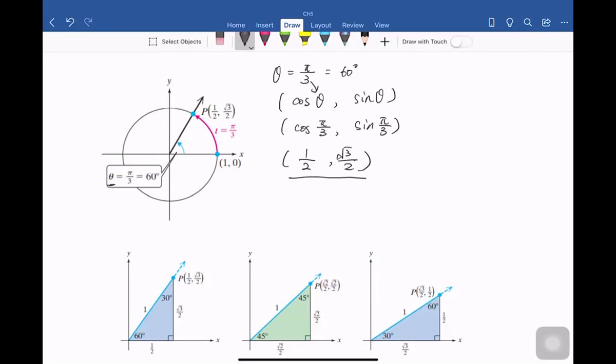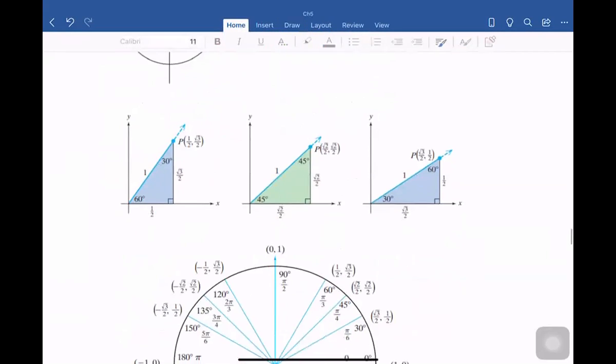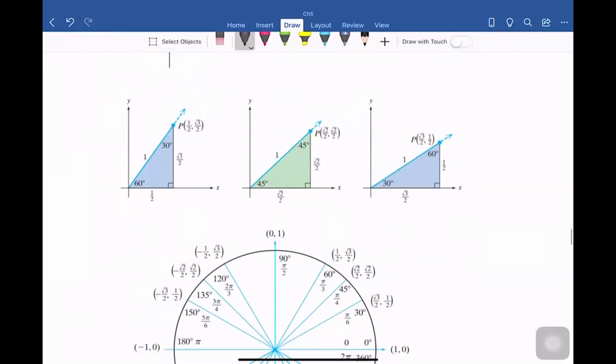So we find the point. And next part, if they provide us theta equals 60 degrees, so the point is cosine 60, sine 60. So this is a point we can find.